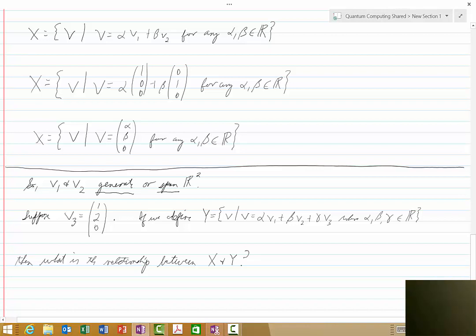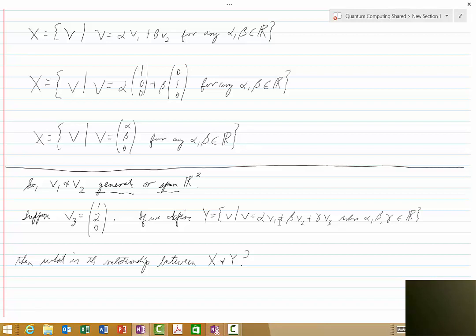Now, let me make sure you understand my thinking here. Remember that x was the set of all vectors that could be written as alpha v1 plus beta v2. But now we're going to let y be the set of all vectors that can be written as alpha v1 plus beta v2 plus gamma v3. So what is the relationship between x and y? Well, certainly any vector that is in x is also in y.